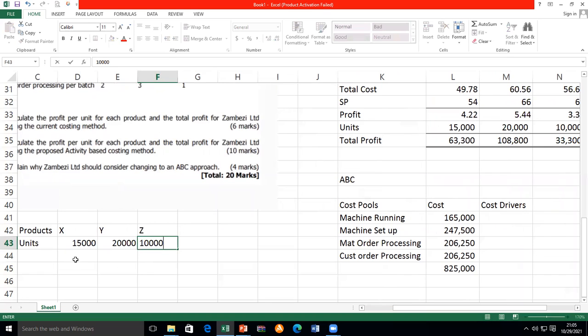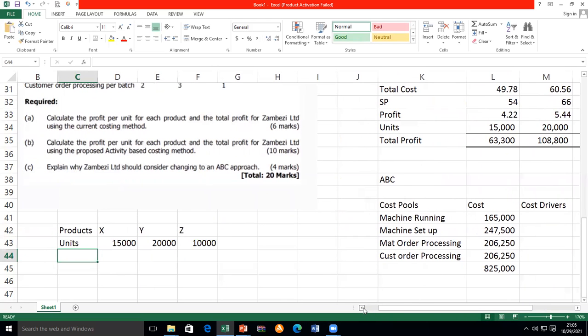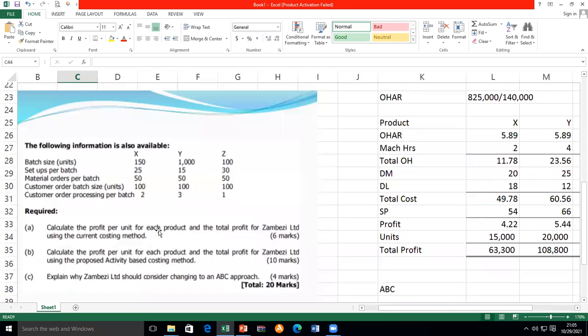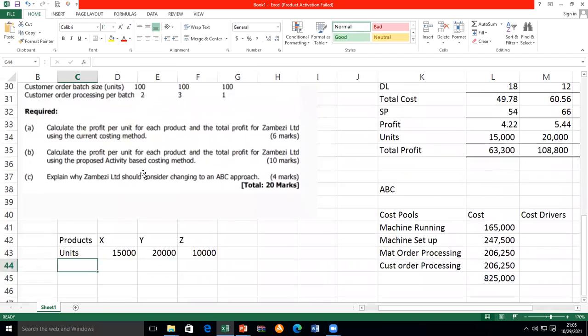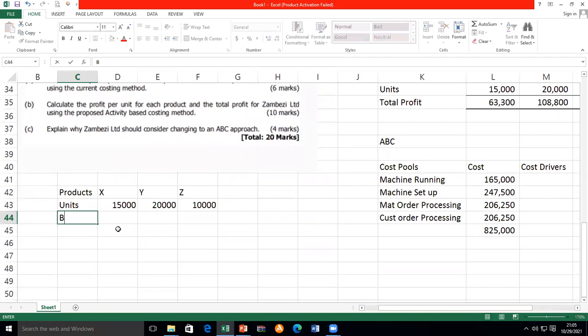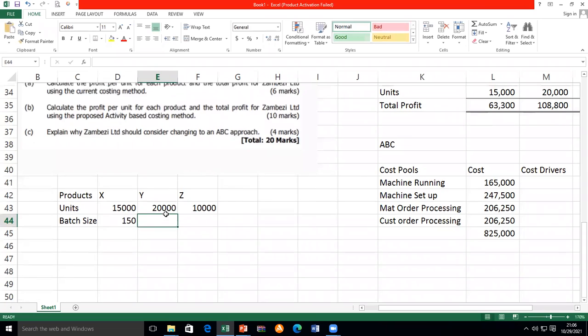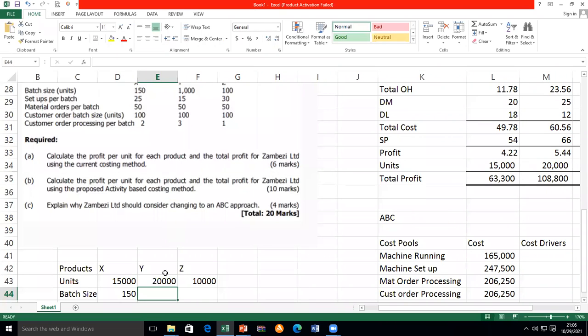So these are the number of units that we have. Batch size 150 in each batch. So you put your batch size here. Here the batch size is 150, there the batch size is 1,000, and there the batch size is 100.